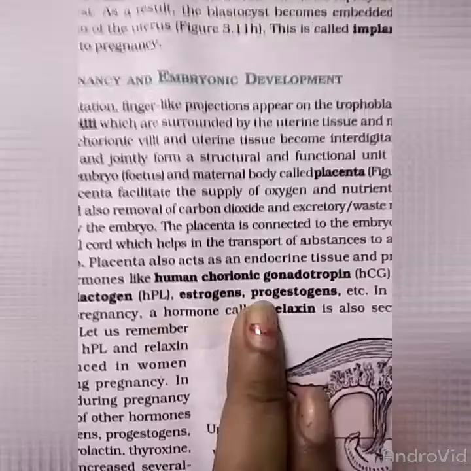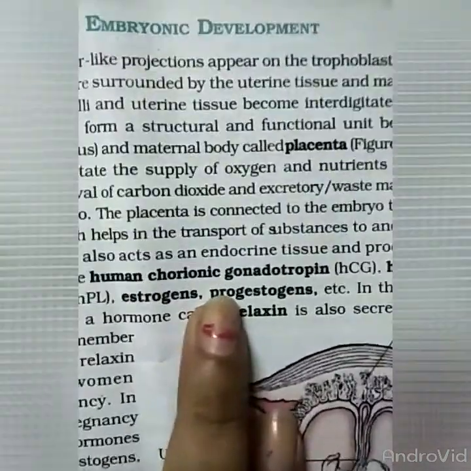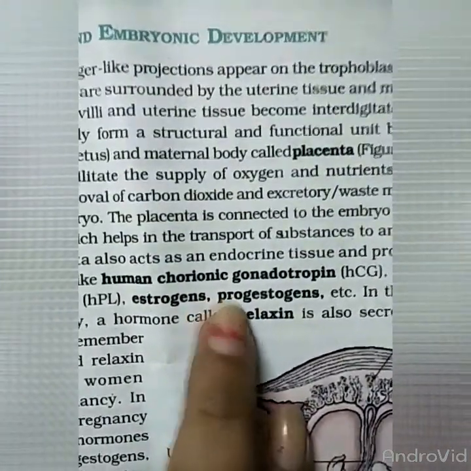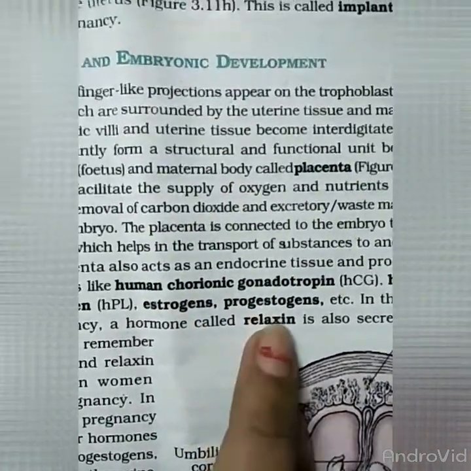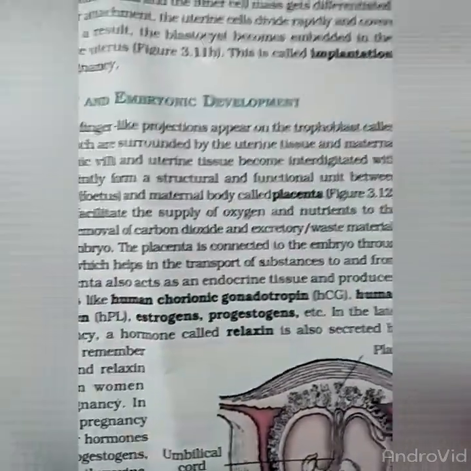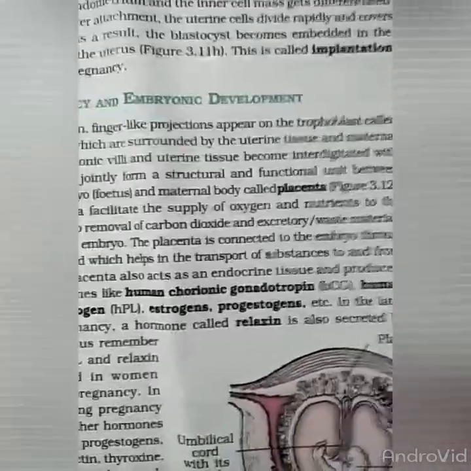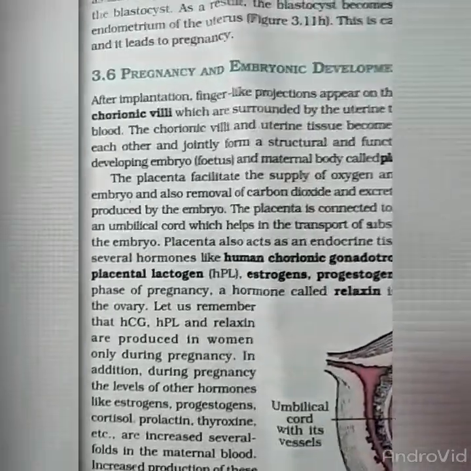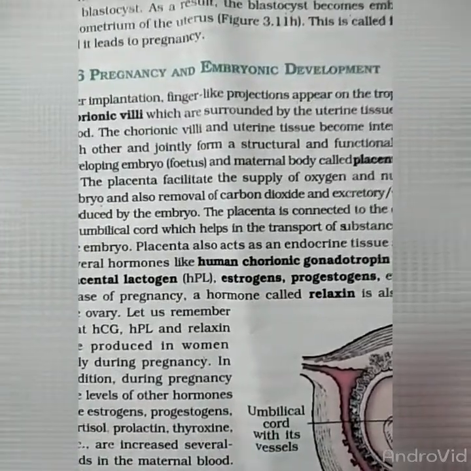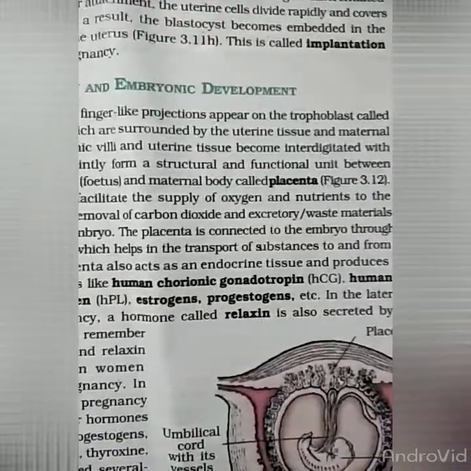Placenta also acts as an endocrine gland. We already know the endocrine gland is the gland which secretes hormones. Which hormones are secreted? Human chorionic gonadotrophin hormone, then placental lactogen, then estrogen, progesterone, etc. These are secreted by the placenta.